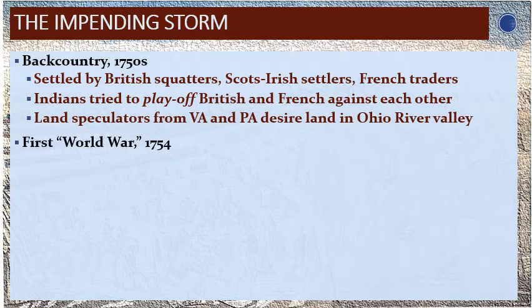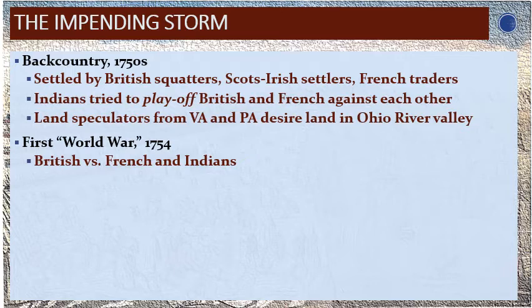Well, that breaks out into war in 1754, the First World War in some ways. It's known as the French and Indian War in America, or the Seven Years' War in Europe. It starts in America, spreads to Europe, even spreads as far as India, which is why some scholars think of it as a world war.